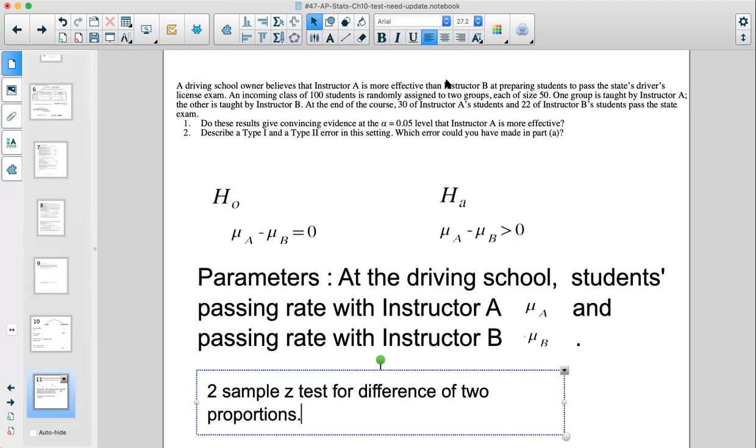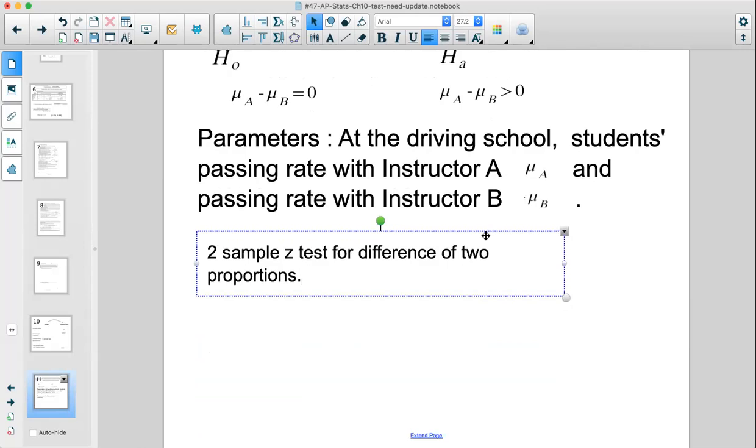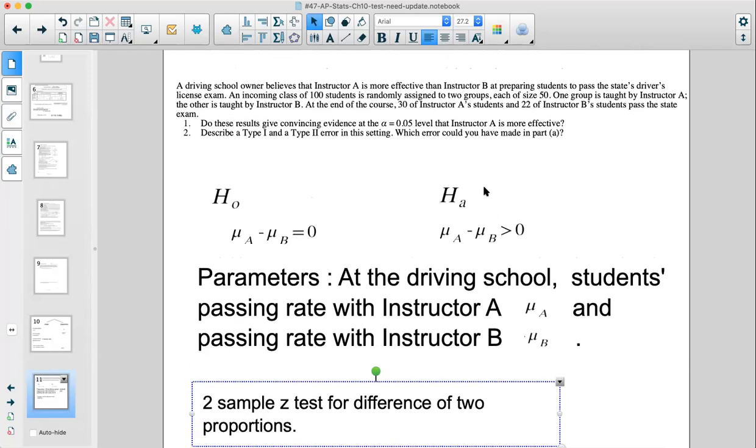Then what else? There are more than 10 counts of each failure and success. So if instructor A has 30 success and 20 failures who couldn't pass the test, that is okay because it's more than 10 counts. 22 and 28 is okay for instructor B. So those are the counts. The only thing is we have been doing it slightly differently for the proportion.